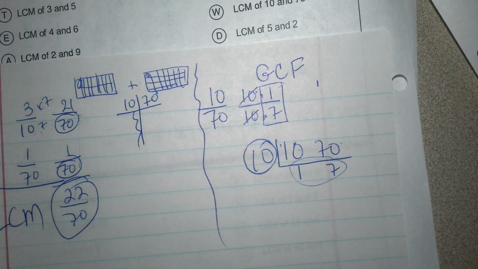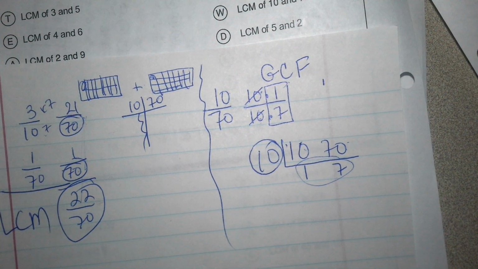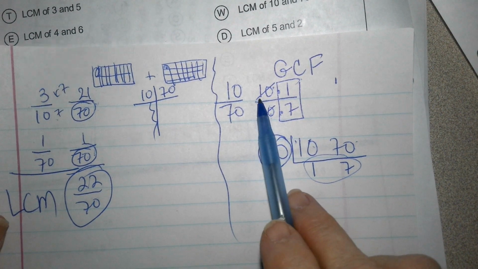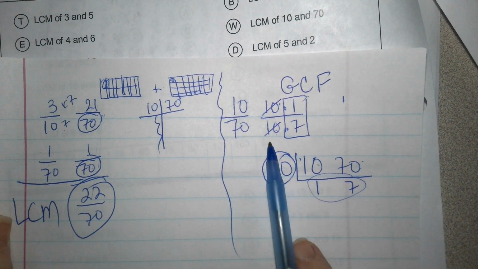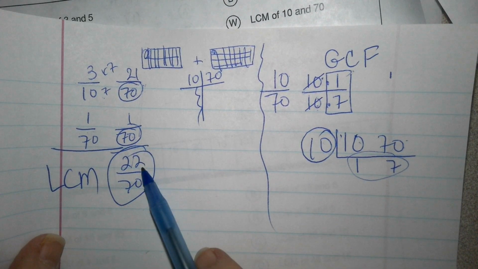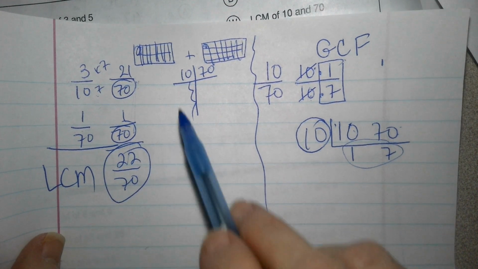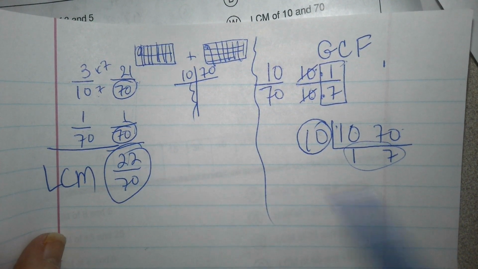So again, you need to know why we're getting them. It's not just to have fun. We're going to eventually use them to reduce our fractions, and use the least common multiple to add fractions to get our least common denominator.